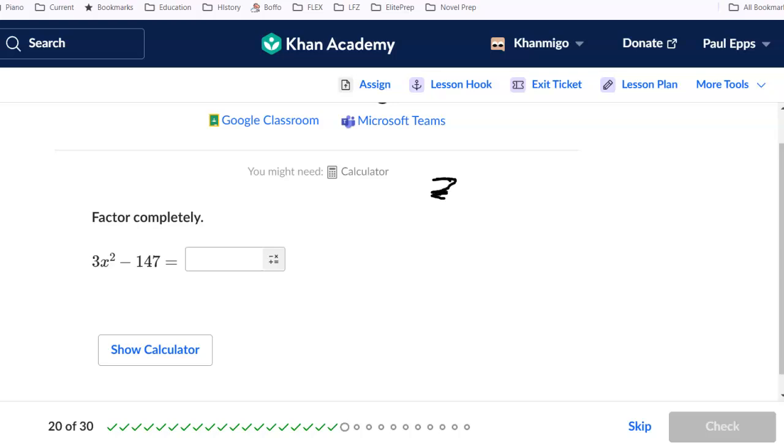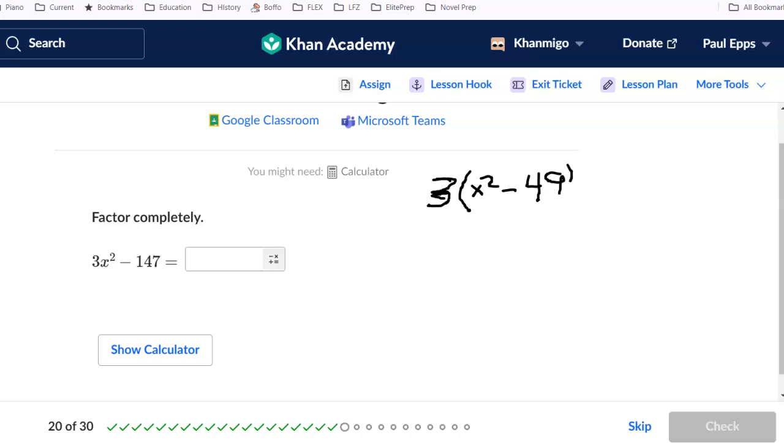Let's try it again. 3x squared minus... I'm sorry, I'm factoring it. Where's the eraser? 3x squared minus 3 goes into 147. That would be 49.